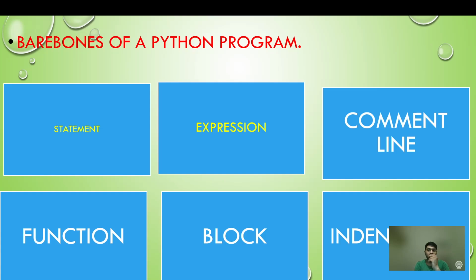So whenever we require a condition on a particular statement, we can go for if, if else, if elif, and nested if. Then looping: suppose we are going to repeat something multiple times, then we can go for looping. We have two loops, for loop and while loop. The for loop is the counting loop and the while loop is used as the conditional loop.